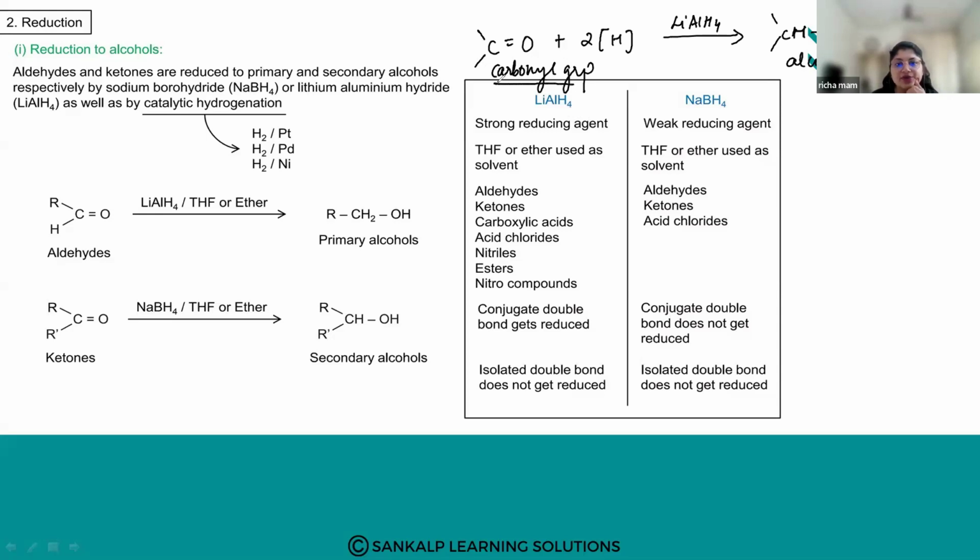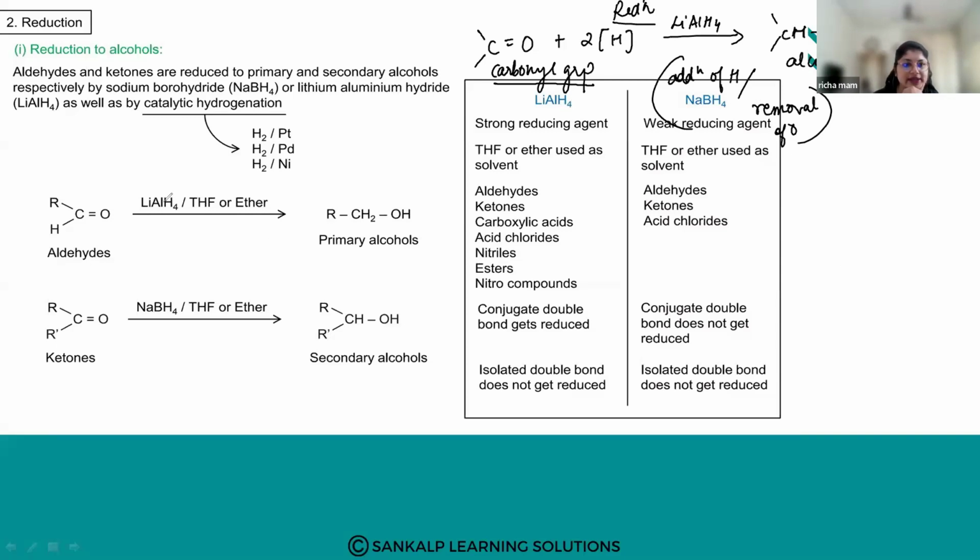So for any carbonyl group, reduction is nothing but addition of hydrogen or removal of oxygen. That you have to remember. So whenever we do reduction on a carbonyl group, we are going to get an alcohol.